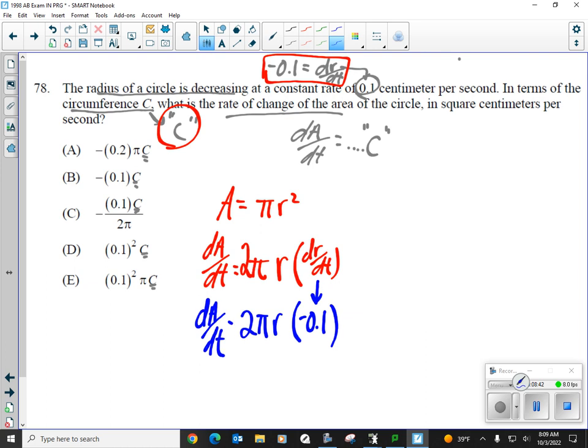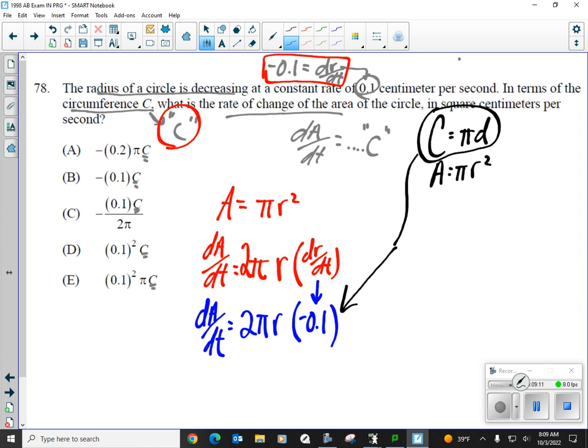Now, some of you, this might jump off the screen. Those of you that loved geometry know that cherry pies are delicious and that apple pies are too. Those are the formulas for the circumference and area of a circle. I need to get this into my equation down here.